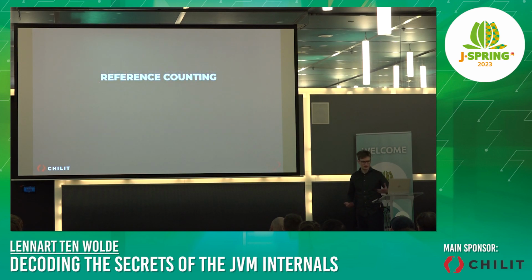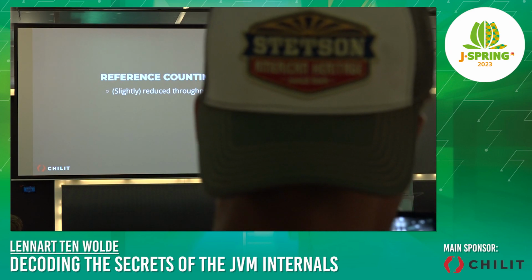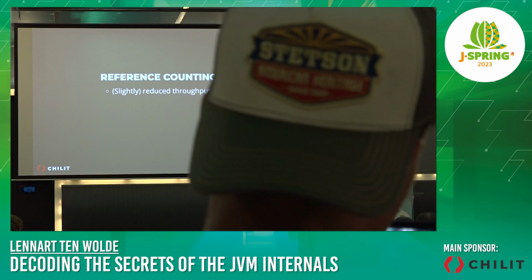Now, this can still be somewhat difficult to use. And one thing to note is that it can result in a slightly reduced throughput because your functions now have extra code in them to maintain these counters and check if they are now 0 and then deallocate the data. And this is all extra logic that has to be performed, so that's in the way of your actual application logic.